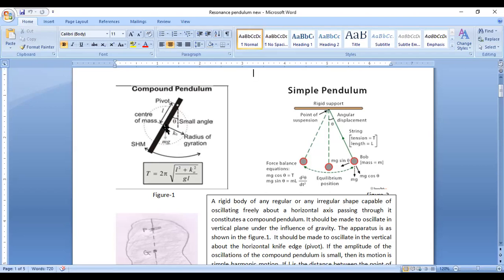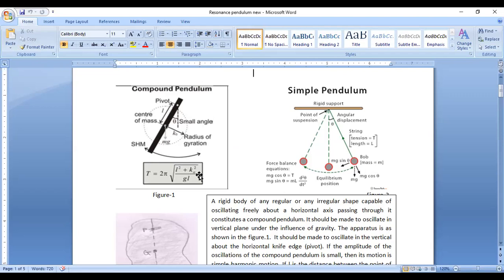And you have a center of mass, that is the center of gravity, I would say. You measure the distance between the center of mass and the pivot. This distance is known as L. And K0, with which you are familiar, is known as the radius of gyration of a pendulum about the center of mass.